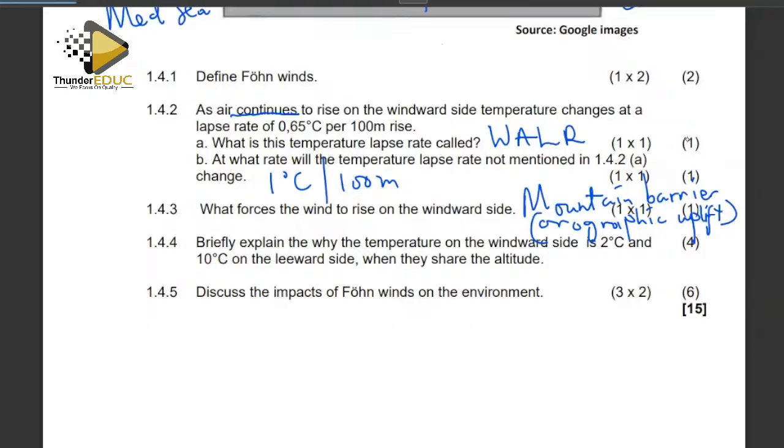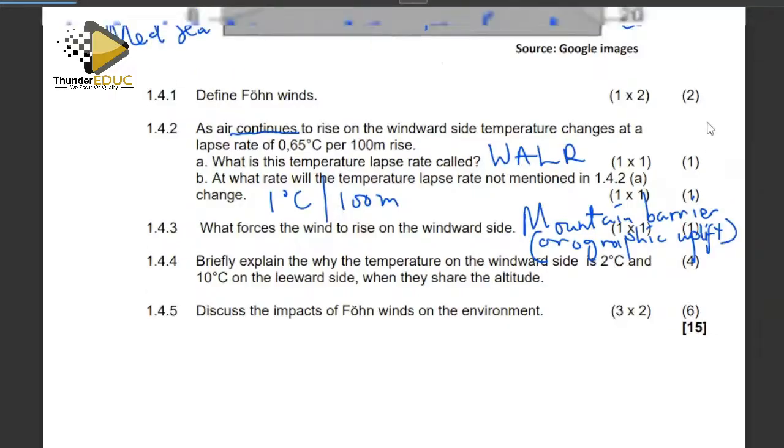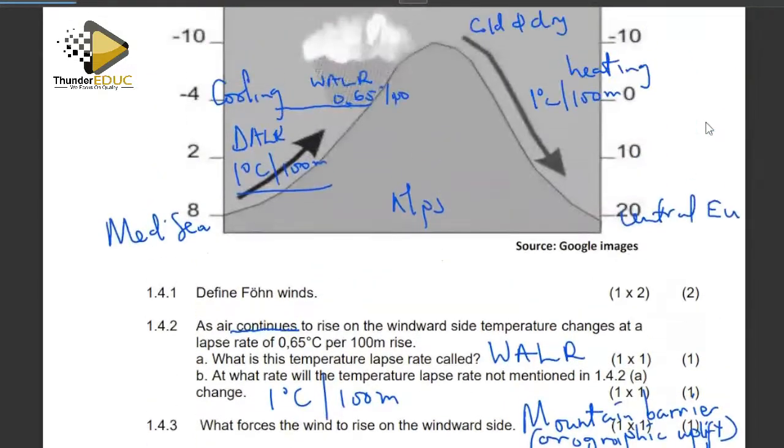Right. Briefly explain why the temperature on the windward side is 2 degrees Celsius and 10 degrees on the leeward. At this altitude here, if we continue this line, it can perfectly meet 10 here. So here we are seeing 2 degrees Celsius. And here is 10. But it's the same altitude, it's the same height. Why?